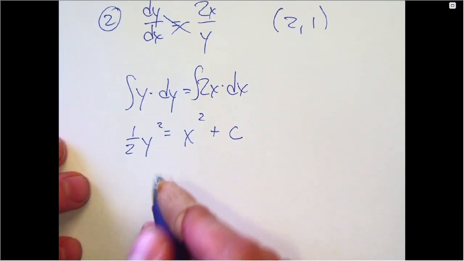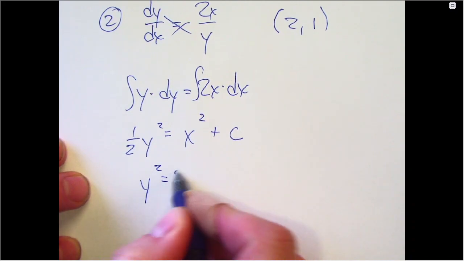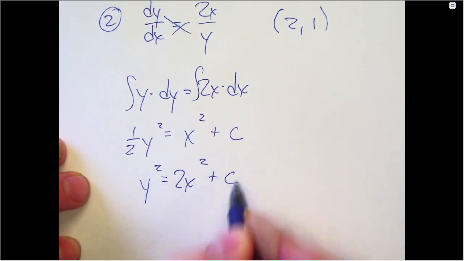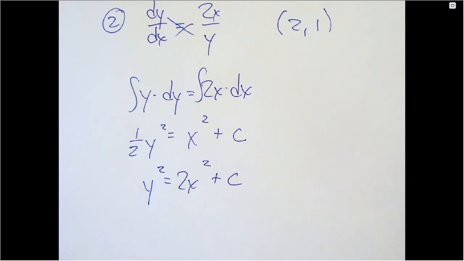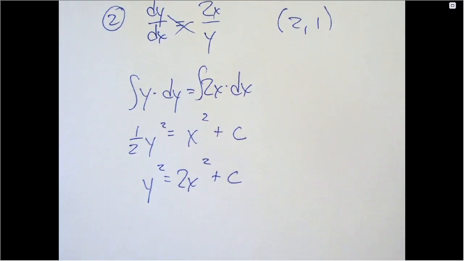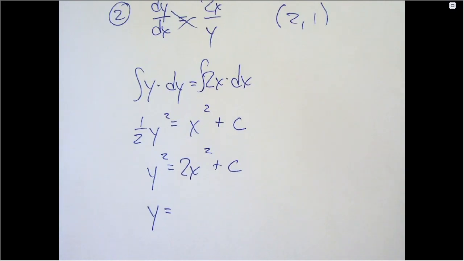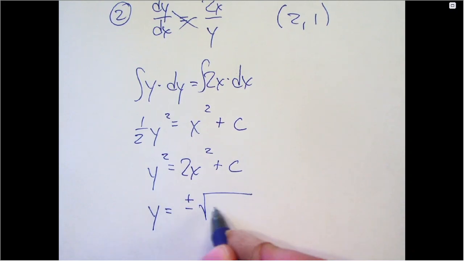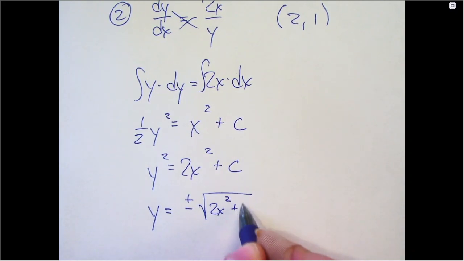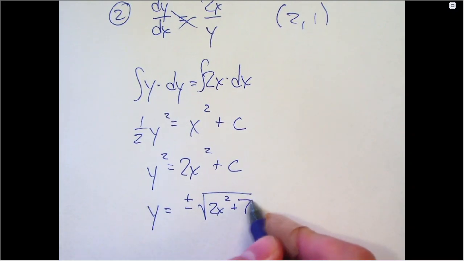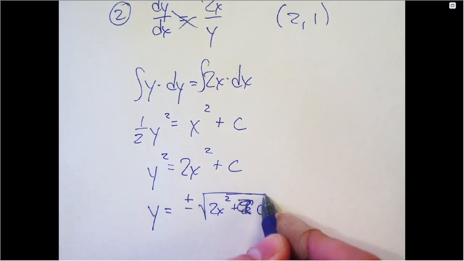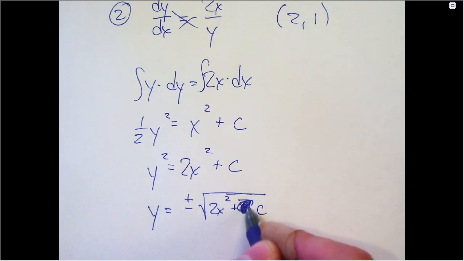So let's double everything. And a constant times 2 is still a constant. And then y equals, be careful here, because it can screw you up. When I'm taking the square root, there are 2 of them. There's the positive and the negative. I may have just given away the constant.